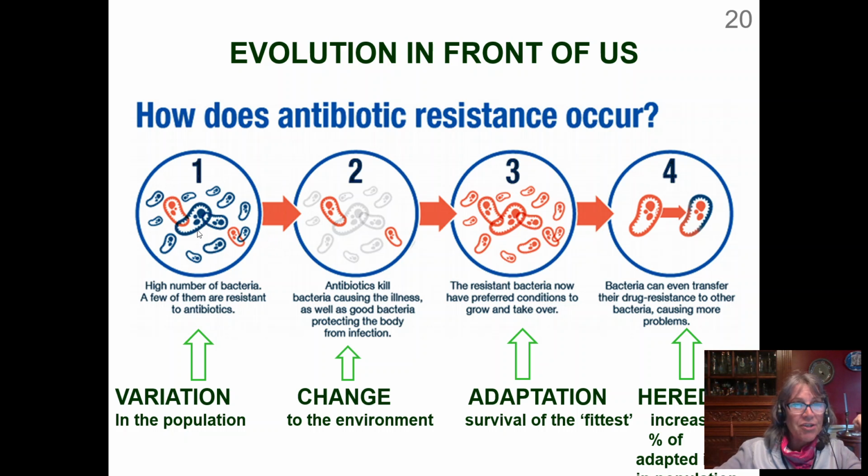In the next generation, I would have 28, and I would have 4 out of 28 that would be resistant, which reduces to 1 out of 7. And in the next generation, I would have 56, 8 out of 56, 1 in 7. So I would have the same proportion that were resistant because that's not giving them any benefit.